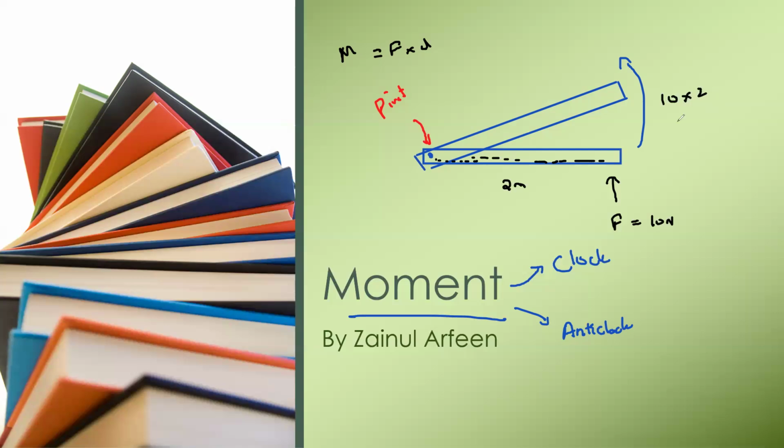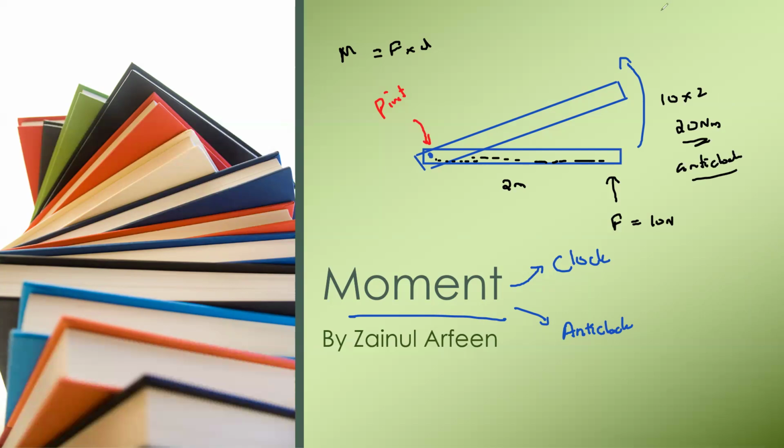It will be 10 multiplied by 2, which is 20 Newton meter. And 20 Newton meter, because it is a vector quantity, clockwise and anti-clockwise also refer to direction. So it is anti-clockwise. And because it's a vector quantity, if two moments are acting in the same direction, we will add. And if two moments are acting in opposite directions, we will subtract.